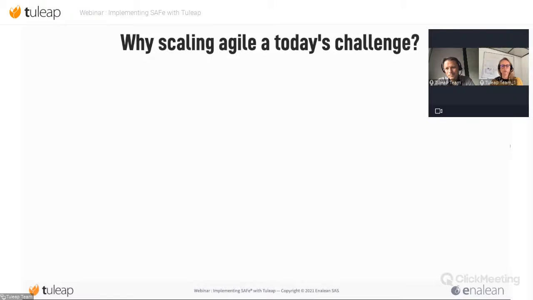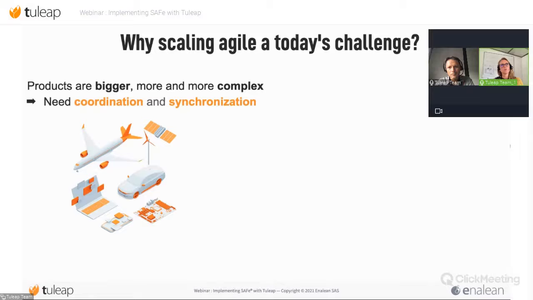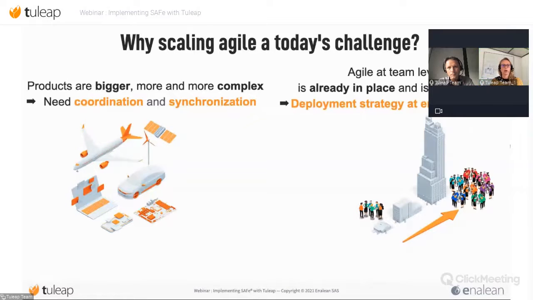So why are so many companies and large organizations currently faced with the challenge of scaling agile? We can notice two big trends. The first one is that products are becoming bigger and bigger. Technological products are becoming more complex, with hardware and software parts inside. These complex products need even more coordination and synchronization.